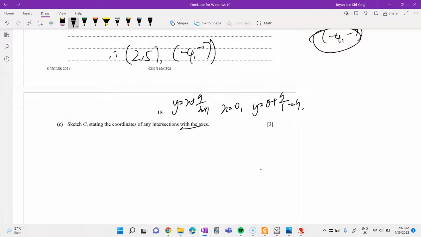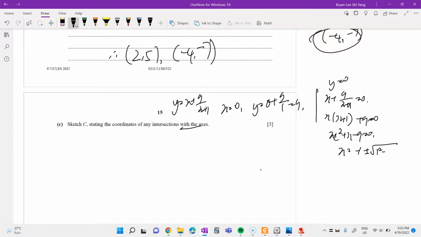And then if y equals 0, which is a more complicated case, x plus 9 over x plus 1 equals 0, and then we have x times x plus 1 plus 9 equals 0, x squared plus x minus 9 equals 0, x equals negative 1 plus or minus the square root of 1 squared minus 4 times 1 times negative 9.